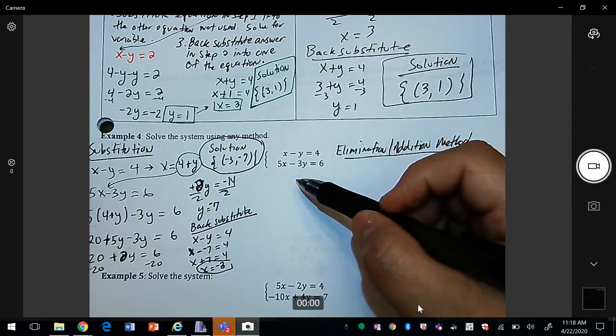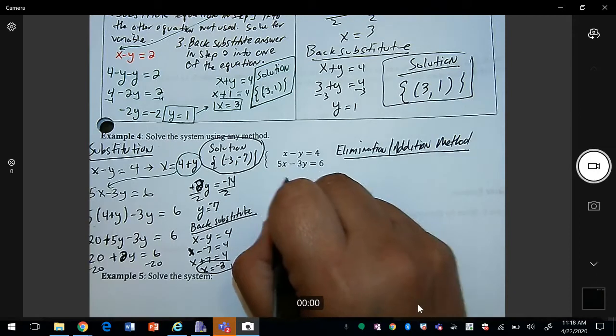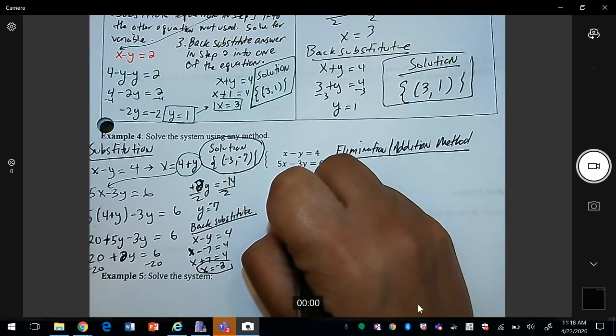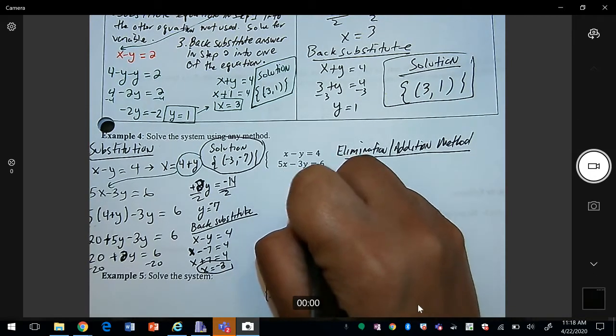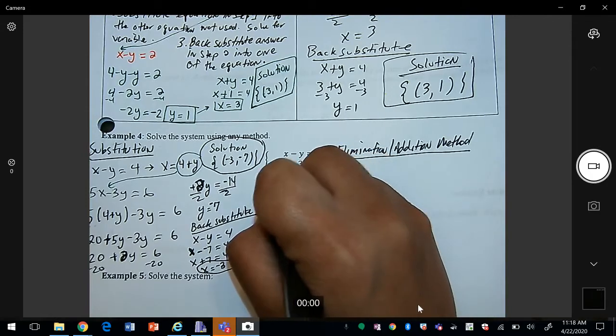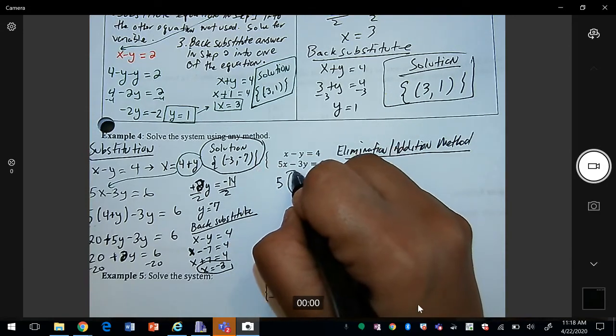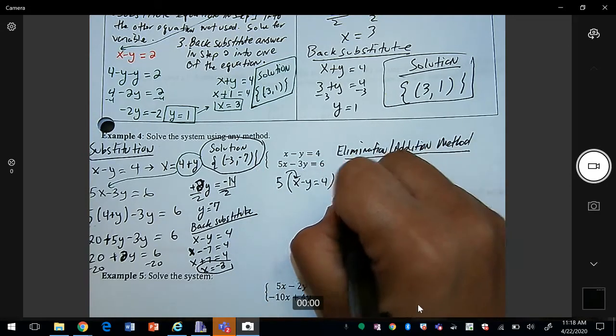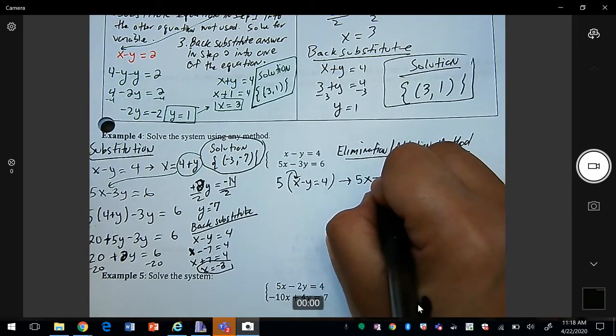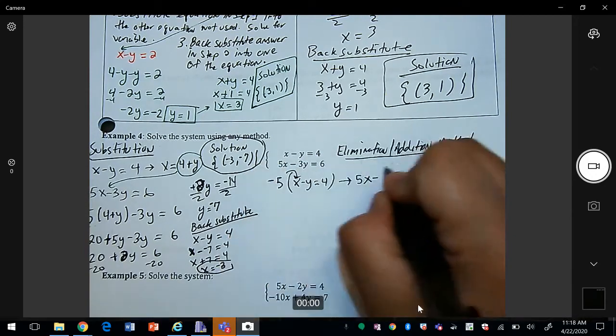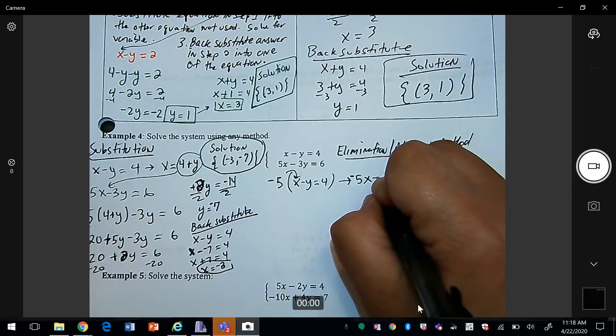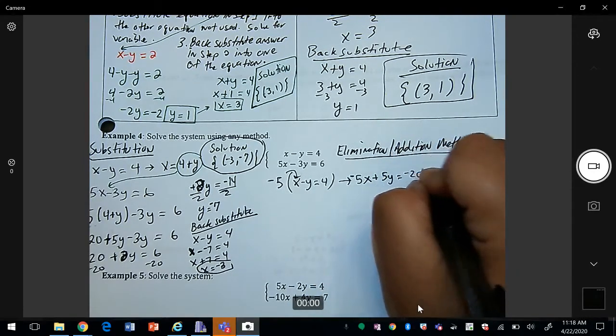So if I wanted to choose x, then here we would have, let me write the equation. I need to multiply this equation by 5. Let's multiply it by -5. So we get -5x plus 5y is equal to -20.